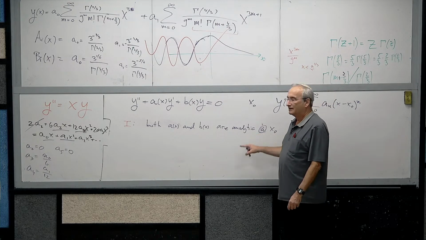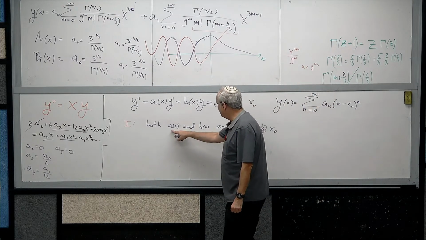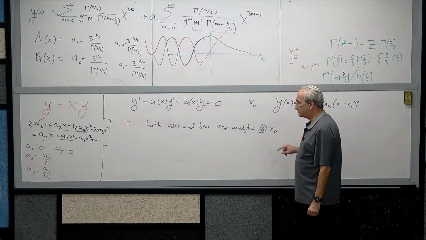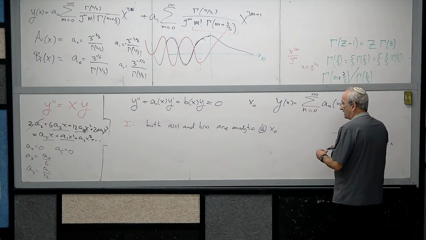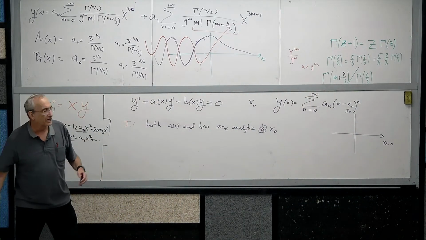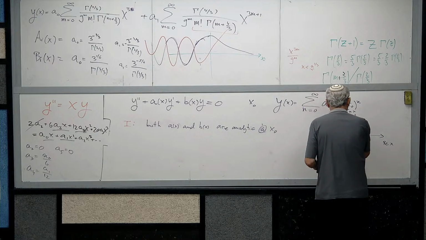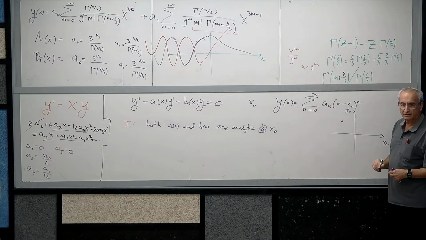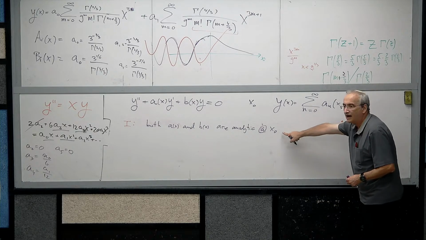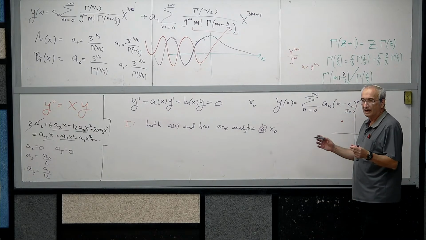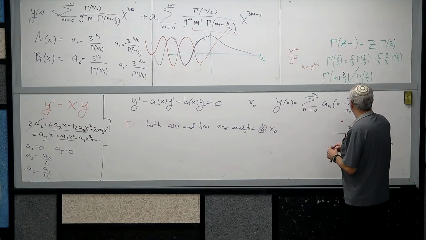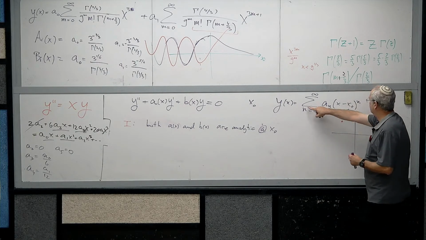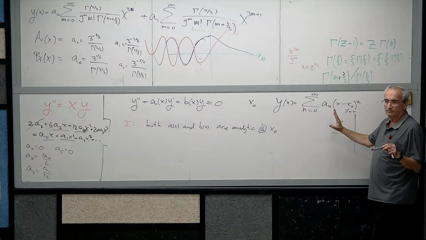In that case, when both a and b are analytic at x naught, suppose we have a complex plane now. This is real x, and this is imaginary x. And we have chosen x naught to be a generic point in the complex plane. This is x naught. If both a and b are analytic at x naught, have no singularity, no branch cut, behave nicely, then this program, expanding it this way, will work.